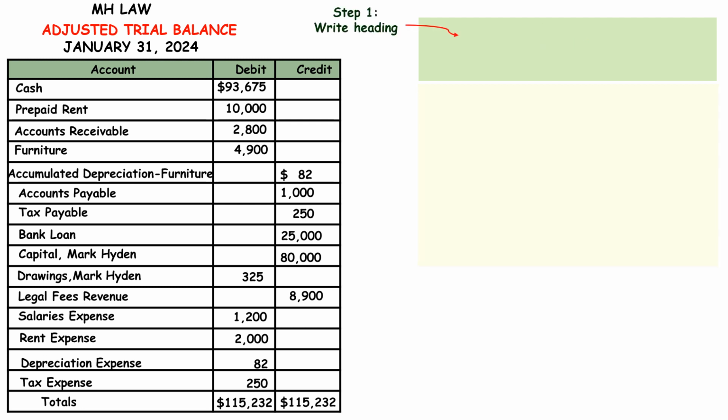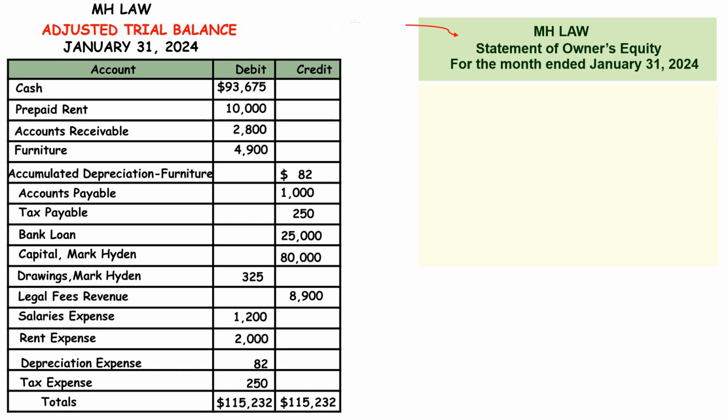So again, we start with the heading, name of the company, the name of the statement, and the period for which you are preparing the owner's equity statement. Now, we prepare the owner's equity statement to show changes in the owner's claim to the business. In other words, what increased the owner's equity or claims in the business and what decreased it.